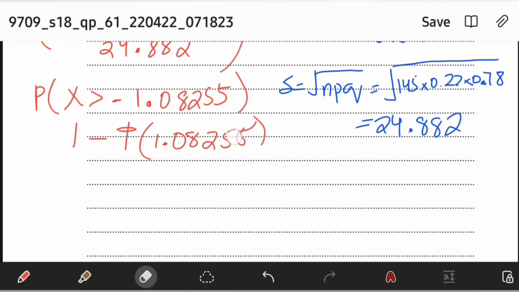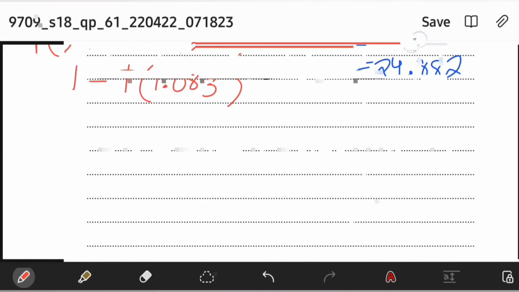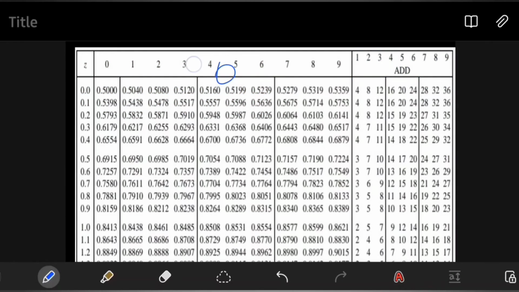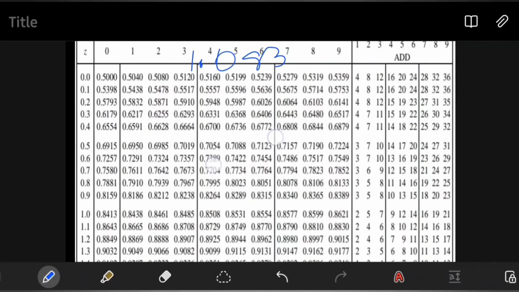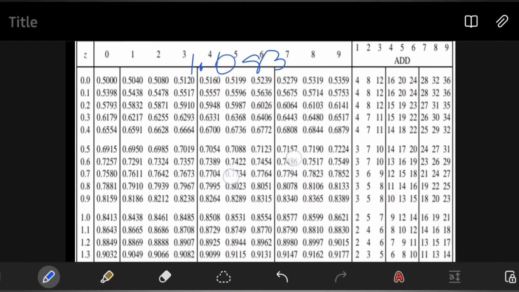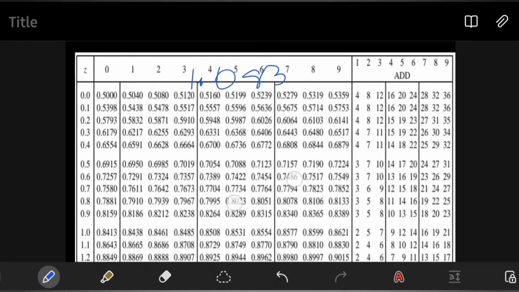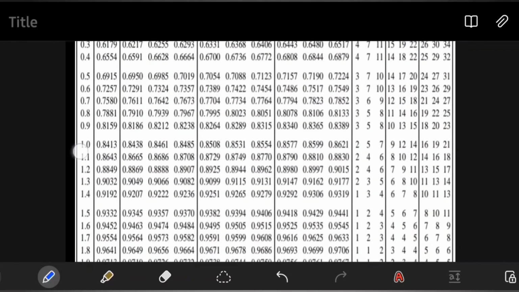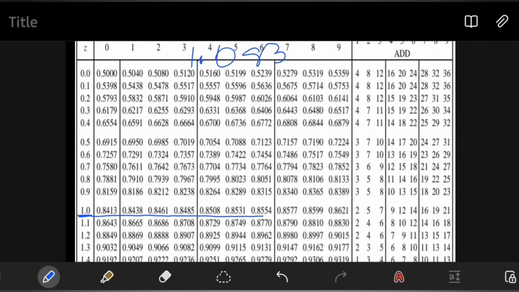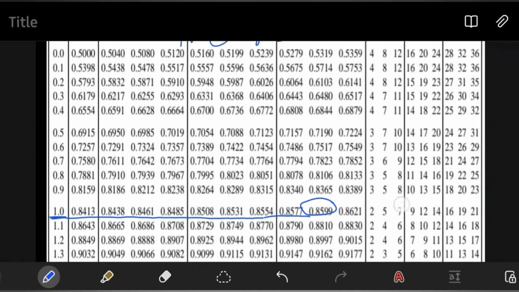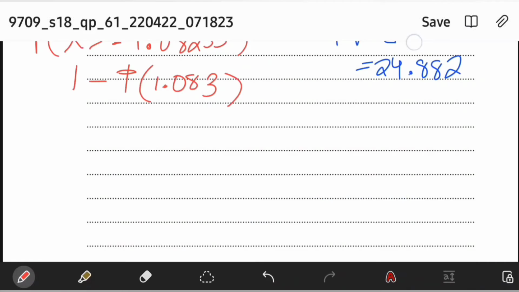Actually, just write it to 3 decimal places, so that would be 1.083, and finding the value of 1.083, remember you are not finding an inverse, so you just have to read the table. So 1.083, 1.0 is here, 8, it should be this value, 0.8599, and for 3 is this 7, so you have to add 7 to 0.8599.